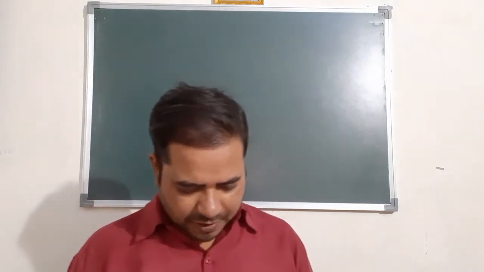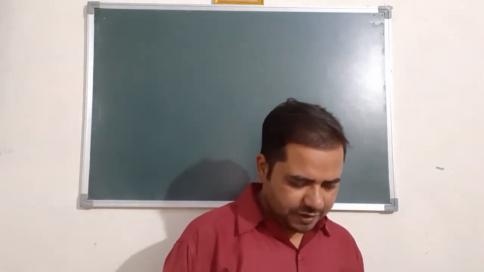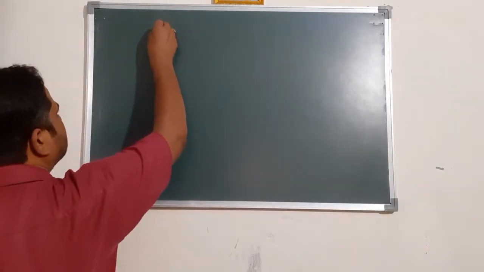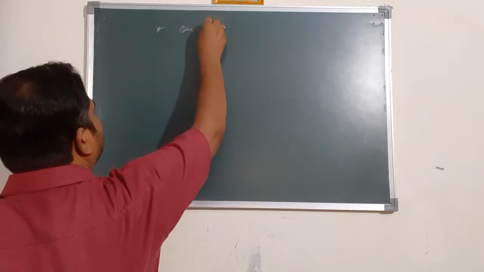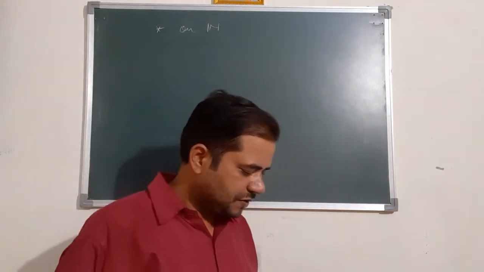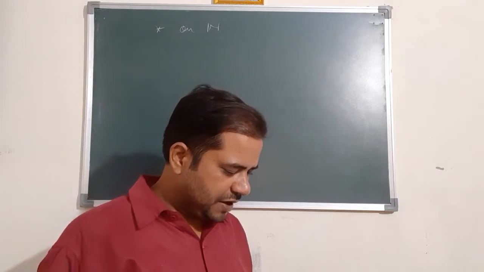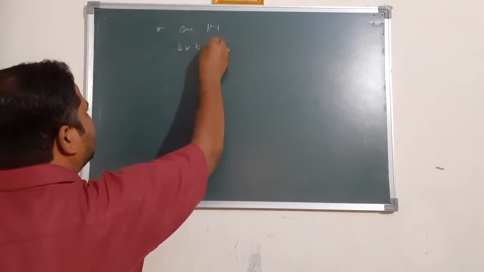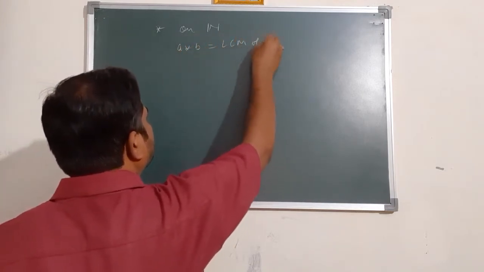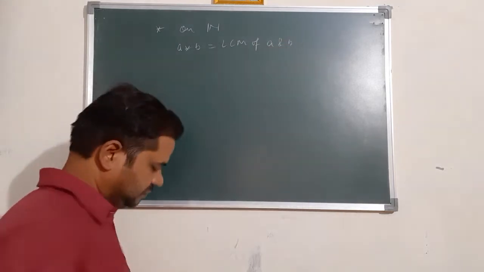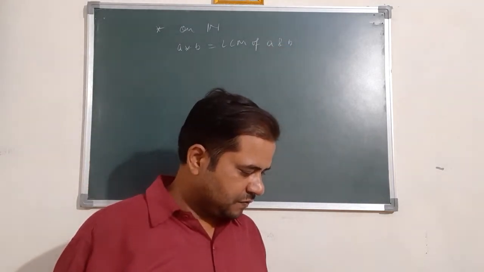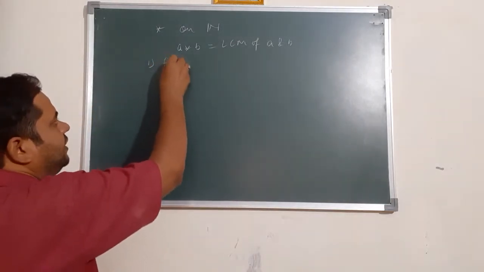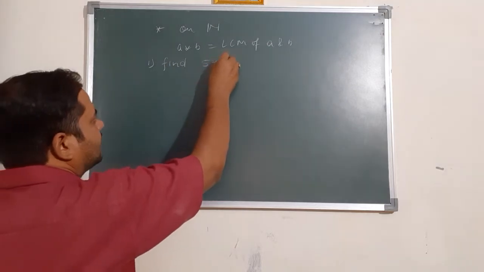Let us start with the binary operation given on the set of natural numbers. We have a star, the binary operation on the set of natural numbers, given by A star B is the LCM of A and B. First question, find 5 star 7.